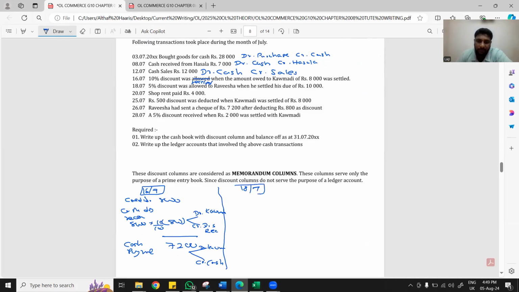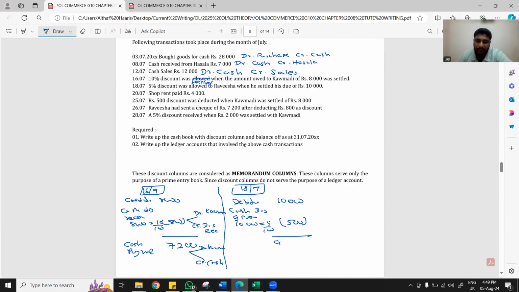5%, 18/7. Debtor balance is there. He is settling 10,000. Cash discount given or allowed, 10,000 at 5%, that means 500 reduction.